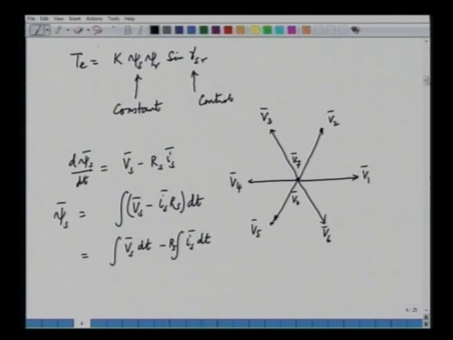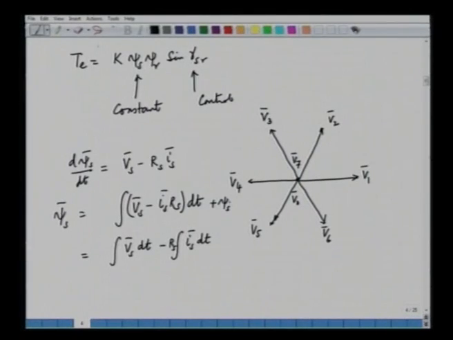And of course, when we take the definite integral from 0 to t, I also have to consider the initial value of flux, psi s at t equal to 0. There may be some flux at t equal to 0, so the initial condition is the stator flux linkage at t equal to 0.